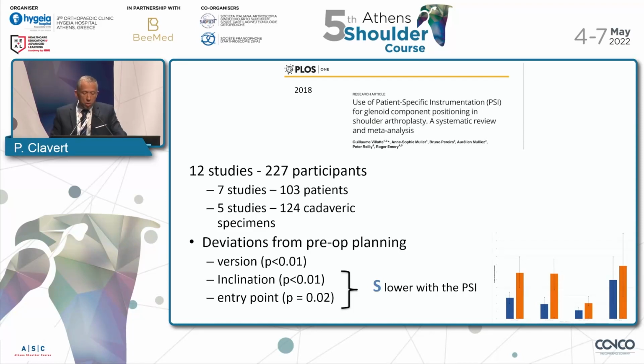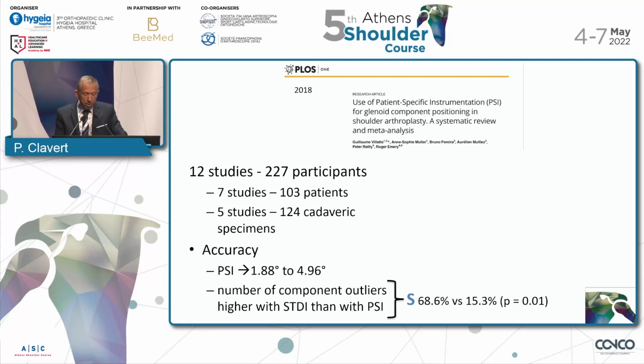The deviation, once again, from the prior planning and the results was in favor of the use of PSI, with a good restoration of the version, inclination, and the entry point of the guide.